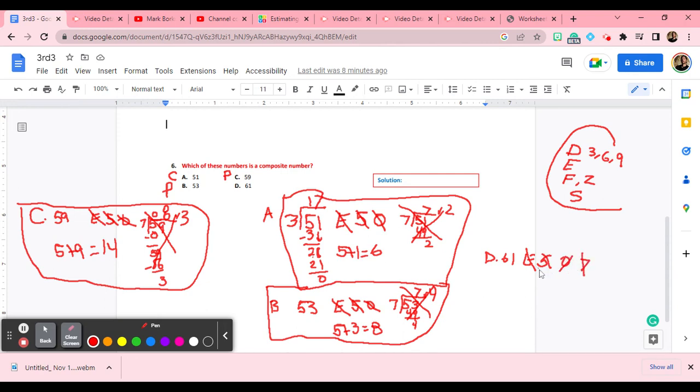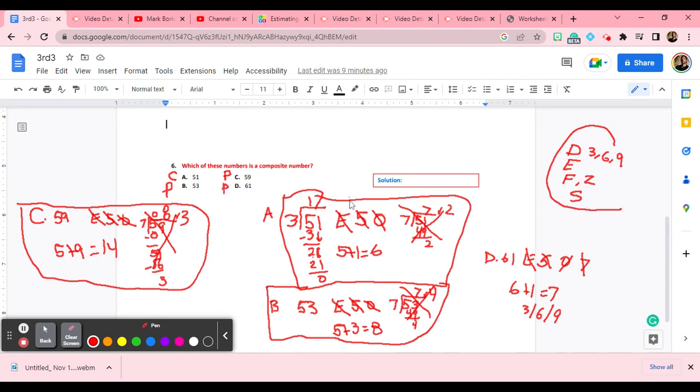No, because it would be 56 or 63. Neither works. The digital root would be 6 plus 1. Okay. 6 plus 1 equals 7. And that is not divisible by 3, 6, or 9. So therefore, 61 is also prime.